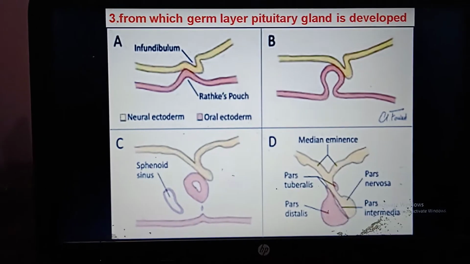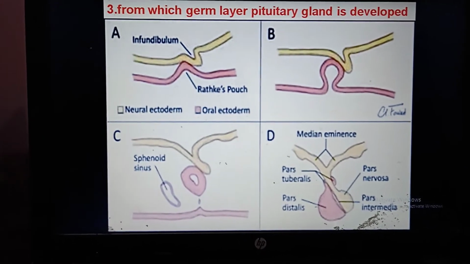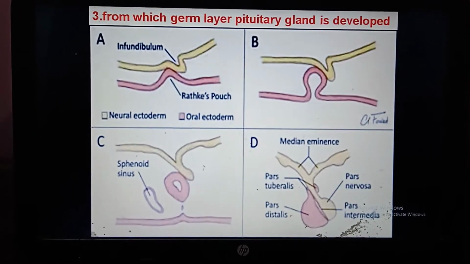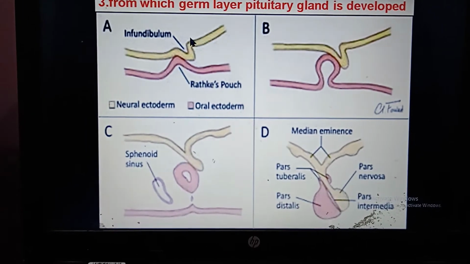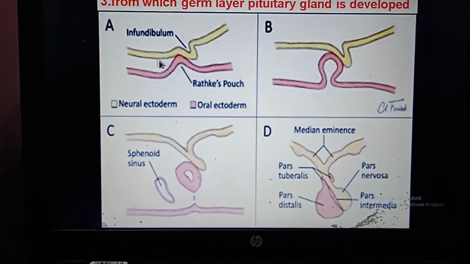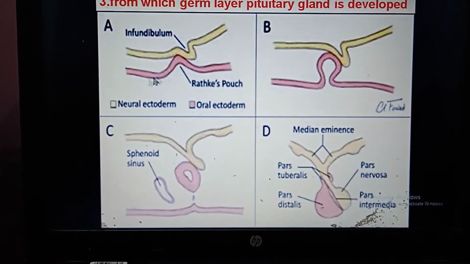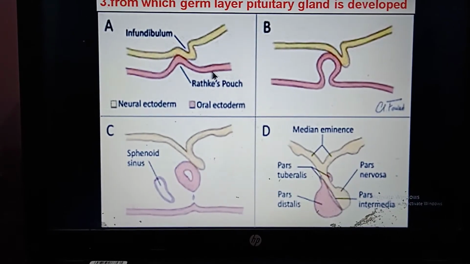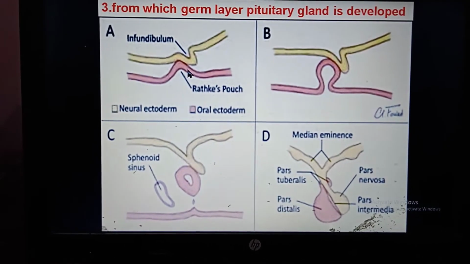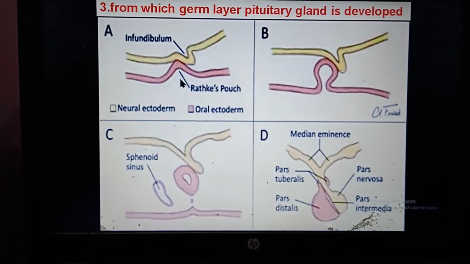Now from which germ layer is the pituitary gland developed? It is developed from the ectoderm. Posterior pituitary is from the neural ectoderm, shown in yellow color, whereas in red color, the anterior pituitary is developed from the oral ectoderm, from Rathke's pouch.